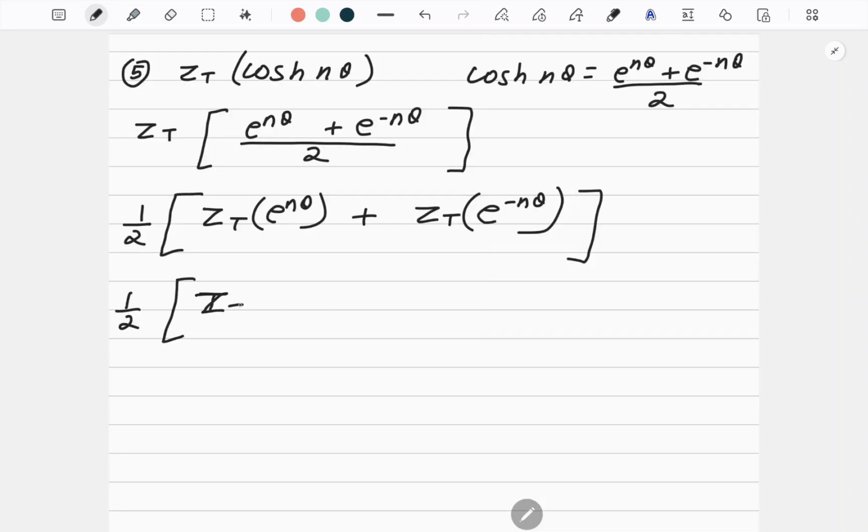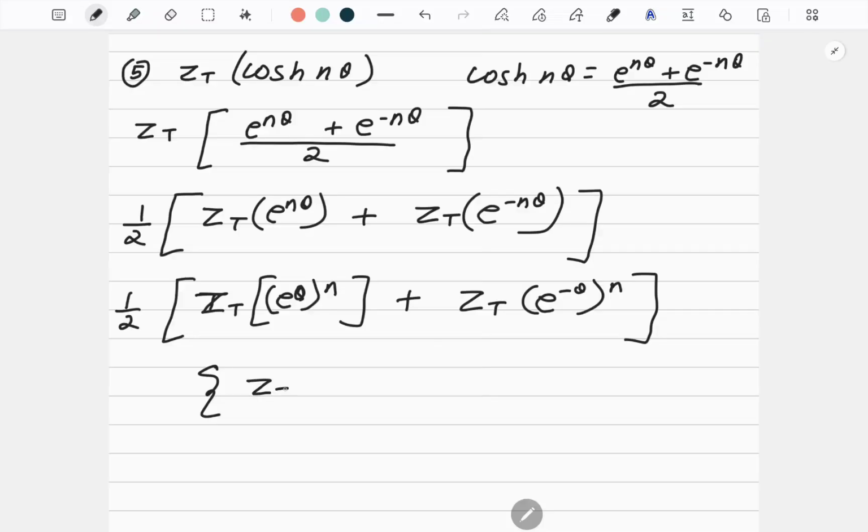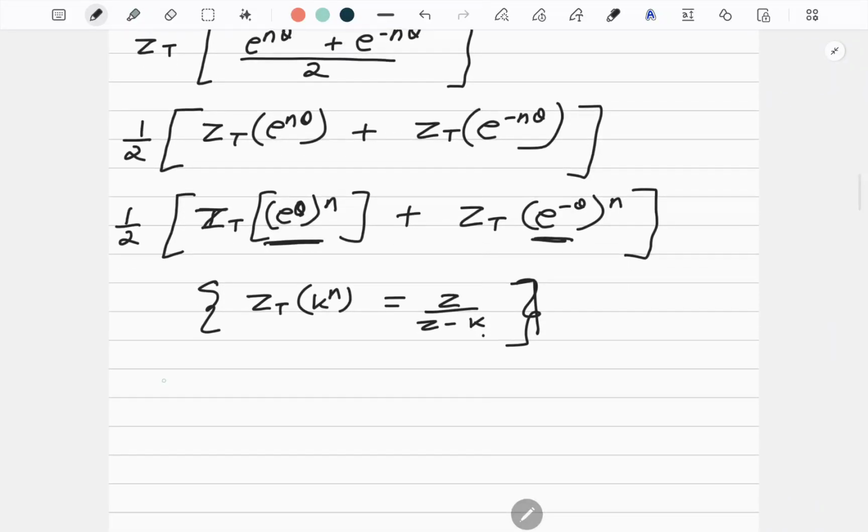Z transform of e to the power theta, whole power n, plus z transform of e to the power minus theta, whole power n. Correct? And now which formula can I apply? I can apply the formula z transform of k to the power n is equal to z upon z minus k. Now in this term, what is the value of k? e to the power theta. And in this term, what is the value of k? e to the power minus theta. So let's put the values.